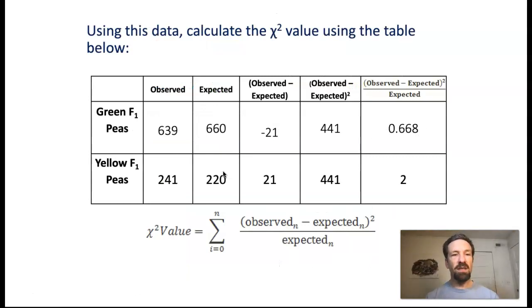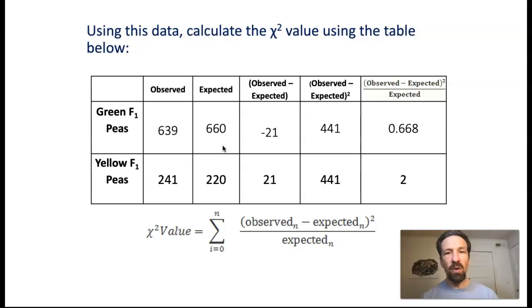Let's go through the steps of this calculation. We've already looked at our observed numbers, and I talked to you about how you would calculate the expected for this particular trait. Now you can see that we've put those numbers into a table, and this table is going to help you organize calculations and make them much easier to keep track of and therefore to get correct.